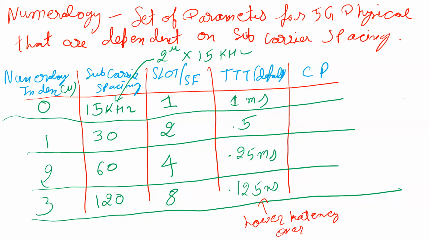And cyclic prefix, as we discussed, in case of 15 kilohertz, our cyclic prefix will be 4.67 microsecond. And here it will be, if you divide, around 2.39 microsecond, then we will have 1.17 microsecond, and then we may have 0.58 microsecond. So cyclic prefix size will also reduce, right? So it works out like this.